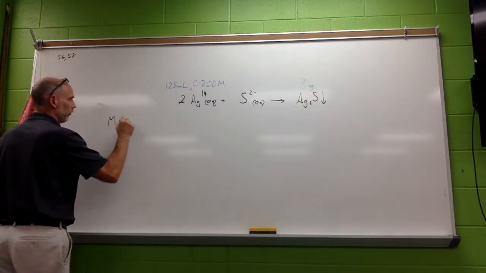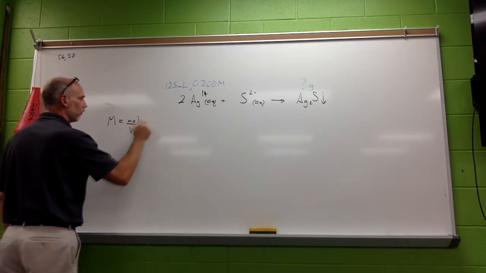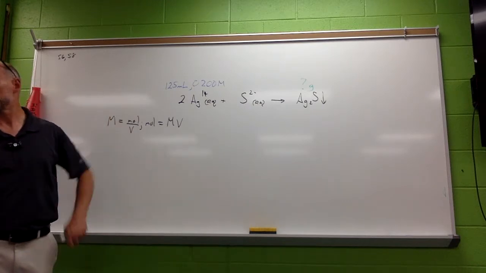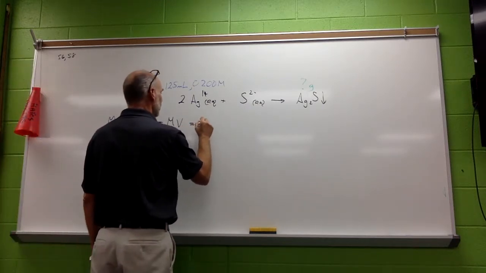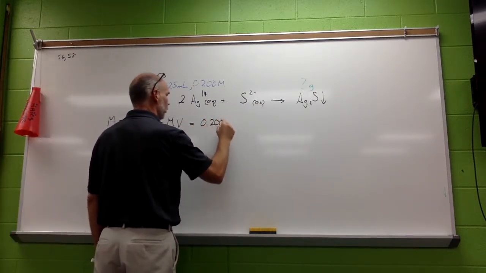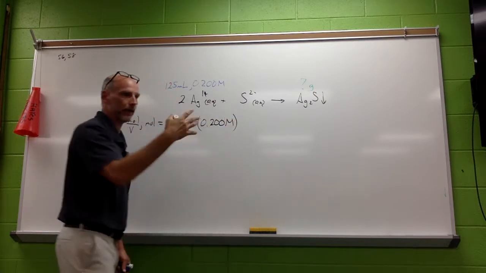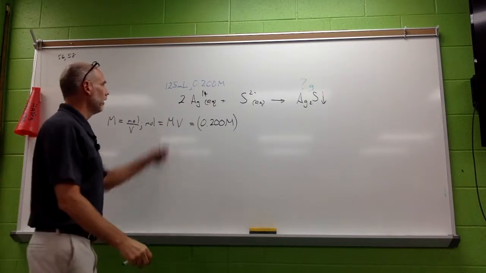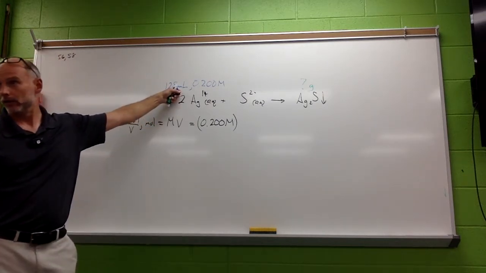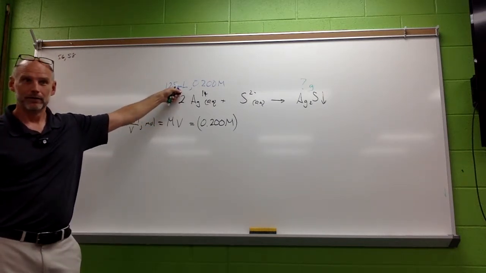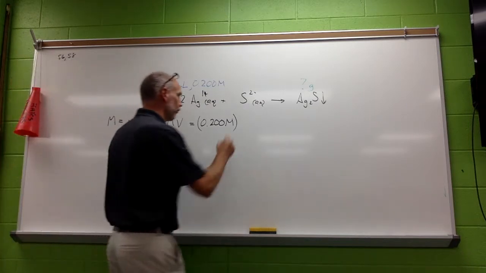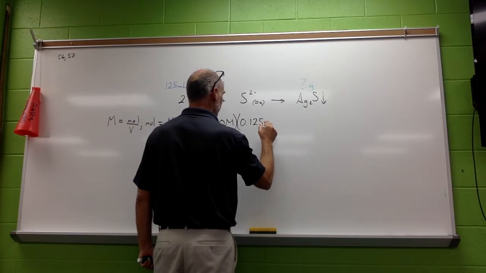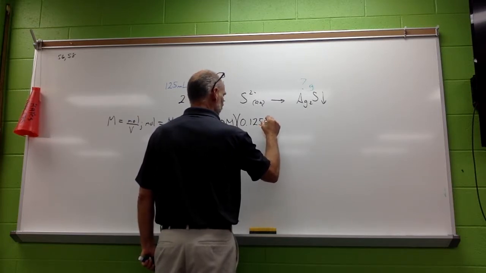As we know, molarity is moles over volume. Therefore, moles is equal to molarity times volume. We have both of those things. So we go 0.200 molar. Gracie, this is why I was making you say this, because I knew significant figures are going to matter. And this represents 0.125, or 1/8 of a liter.